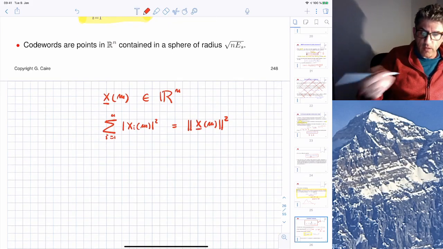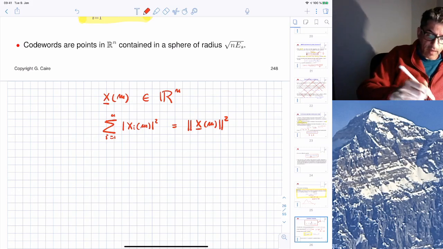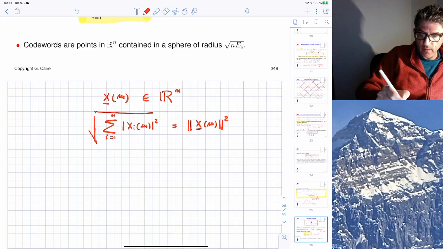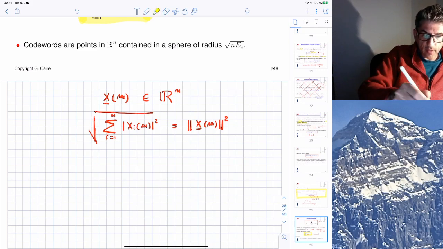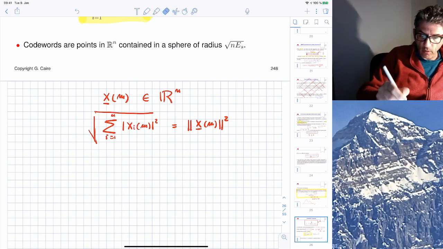Actually, it's its length squared. If I take the square root of this, it is precisely the length of the vector.